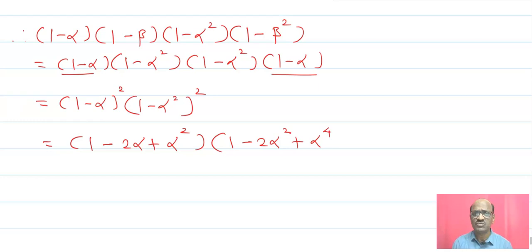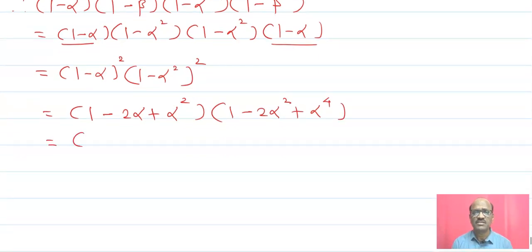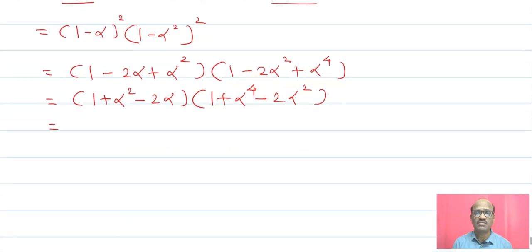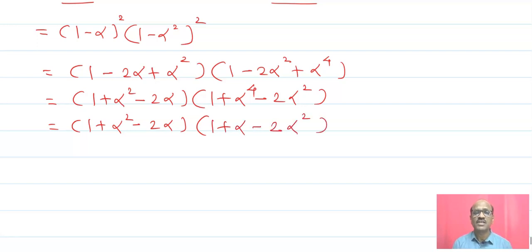Now expand these two, therefore you will get 1 minus 2 alpha plus alpha square, 1 minus 2 alpha square plus alpha raised to 4. Therefore in the first bracket 1 plus alpha square minus 2 alpha, and in the second bracket 1 plus alpha raised to 4 minus 2 alpha square. Therefore you will get 1 plus alpha square minus 2 alpha. 1 plus alpha raised to 4 means alpha.